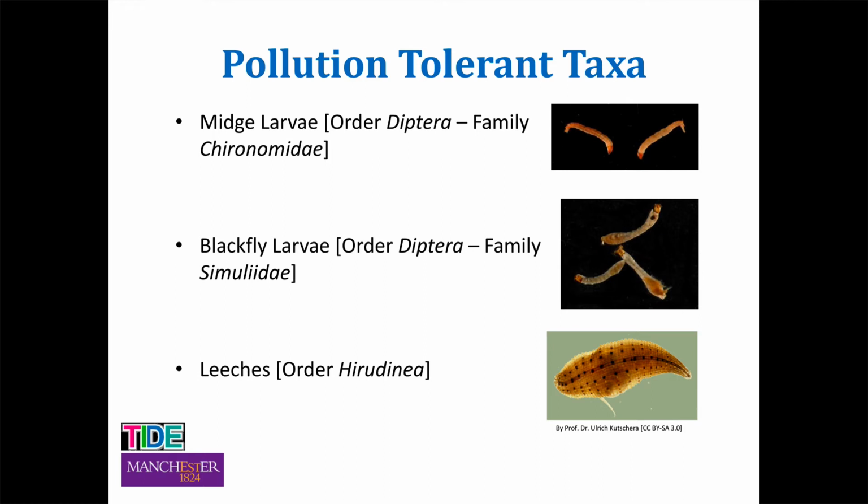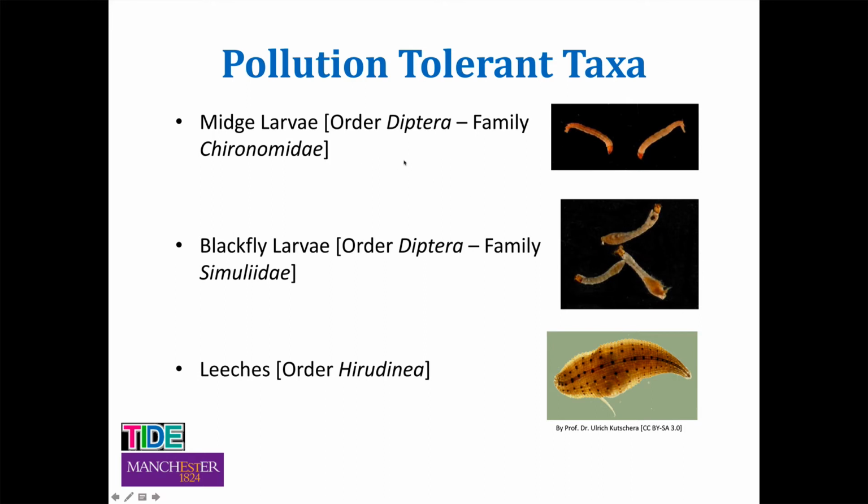Now these, if you find a lot of these taxa, you know that your water is probably polluted. Obviously we don't know by what at this stage, but just the presence of these organisms is a good indication that your water quality is not very good.